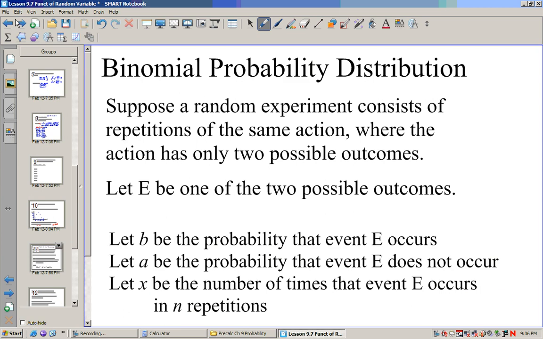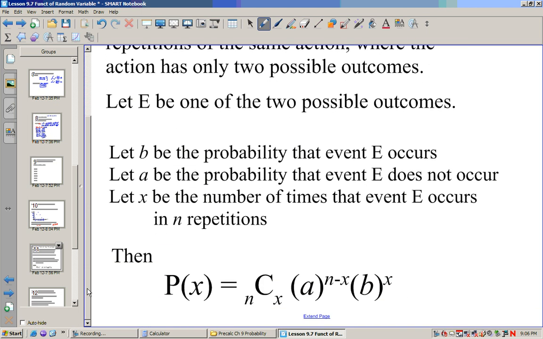So this is a binomial probability distribution. This is the definition of what we've just done. So suppose a random experiment consists of repetitions of the same action, where the action has 2 possible outcomes. Let B be the event that E occurs, A be the event that it doesn't occur, and X be the number of times the event occurs in n repetitions.